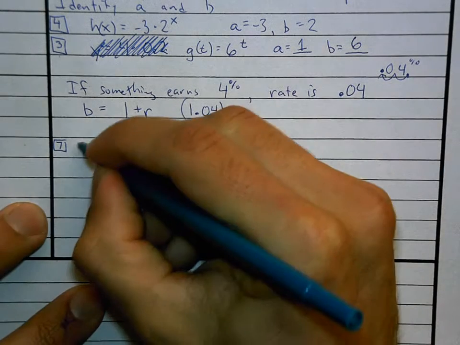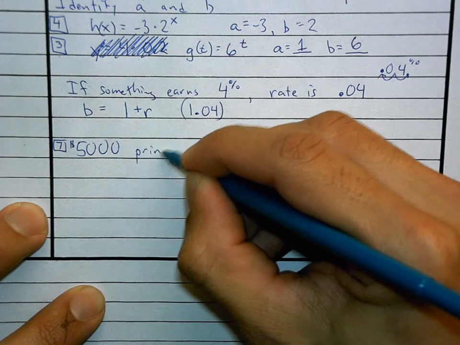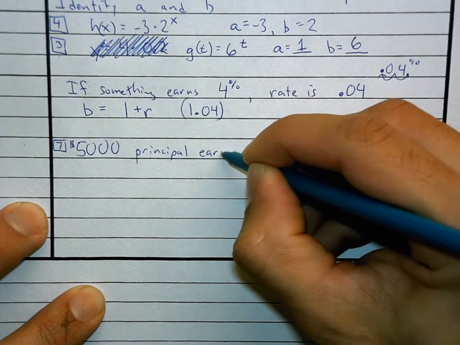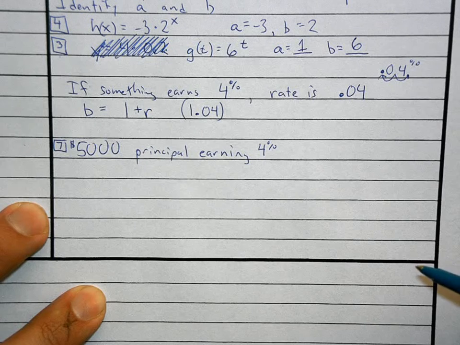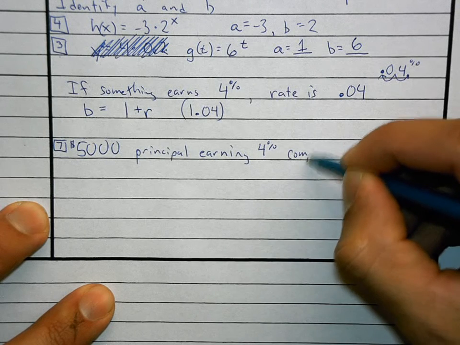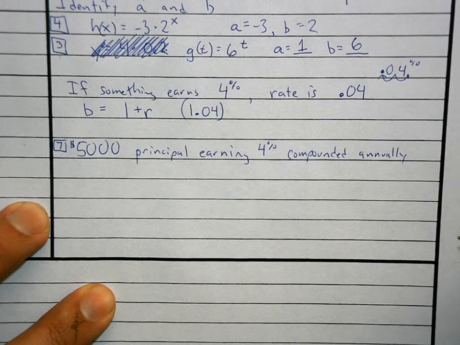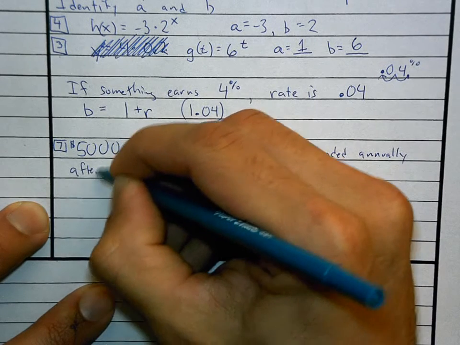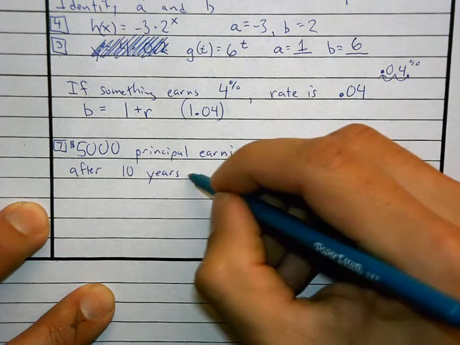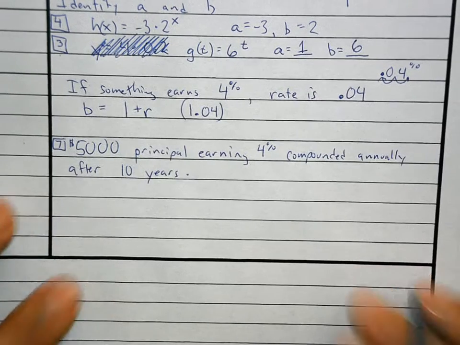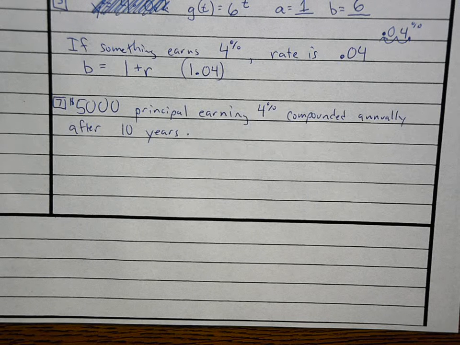There's $5,000 principal earning 4% compounded annually after 10 years. $5,000 principal earning 4% compounded annually after 10 years.